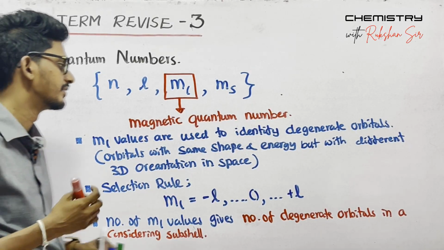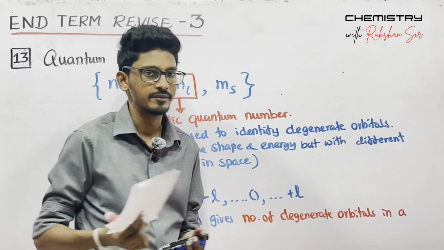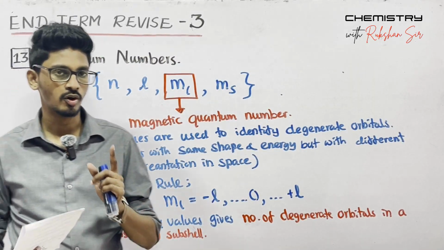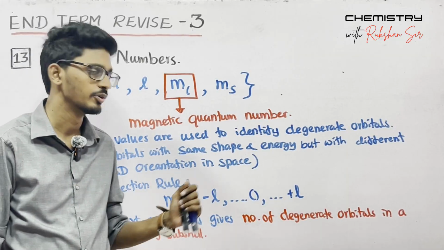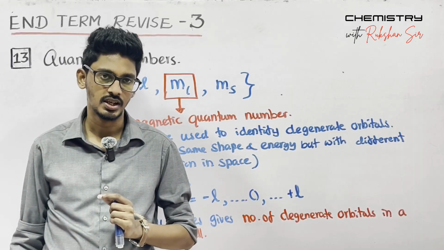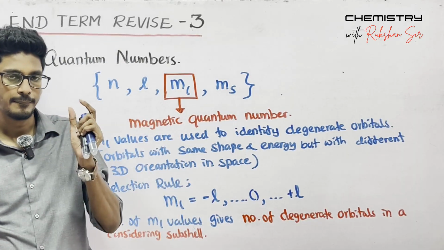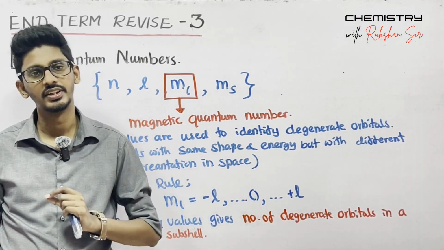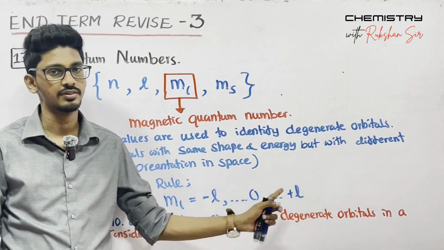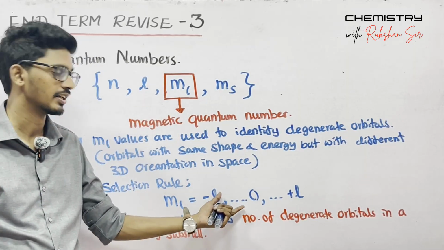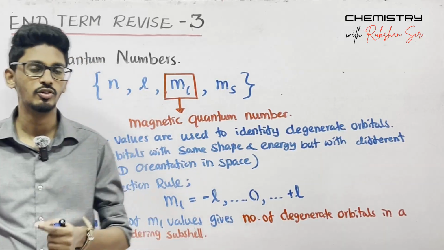As an example, with the S subshell only one orbital is there, which means only one ML value. With the P subshell, Px, Py, Pz, three orbitals are there. So you have three ML values, -1, 0, and +1, with L equals 1, which is the L value of the P orbitals.